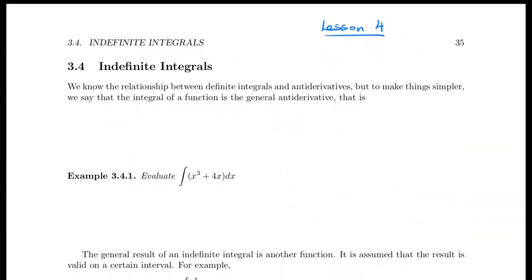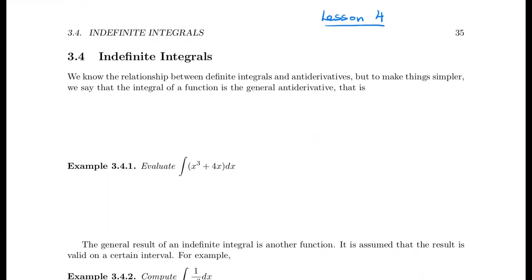Okay, so this section will be having a look at the indefinite integrals. So we know the relationship between the definite integral and antiderivatives. They have some common similarities with each other. So to make things simpler, we say that the integral of a function is the general antiderivative. So that means whenever we have an integral of f of x dx, this is going to be the general antiderivative.